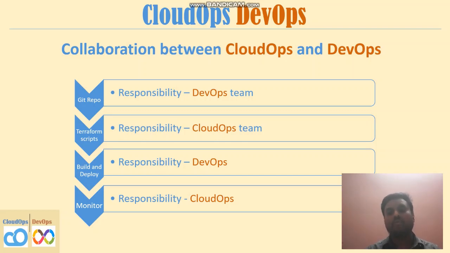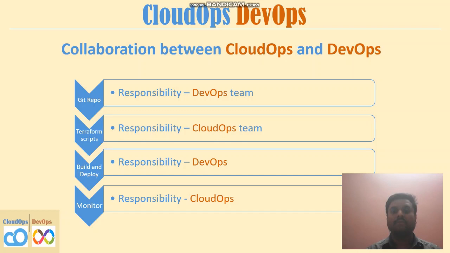The CloudOps team will follow the best practices for provisioning this infrastructure. That means they will not provision it with the help of the portal. Always remember that the best practice to provision cloud infrastructure is with the help of infrastructure as code, not with the help of the portal.